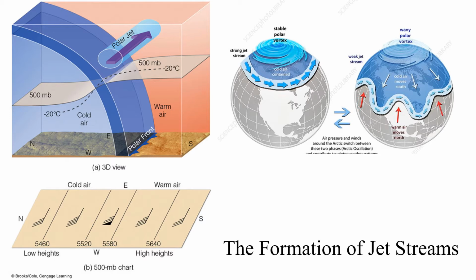This rapid change in temperature produces a rapid change in pressure. As you are watching, the constant pressure isobaric 500 millibar surface bends sharply as it passes through the front. So we can say the sudden change in pressure along the front sets up a steep pressure contour, the pressure gradient.